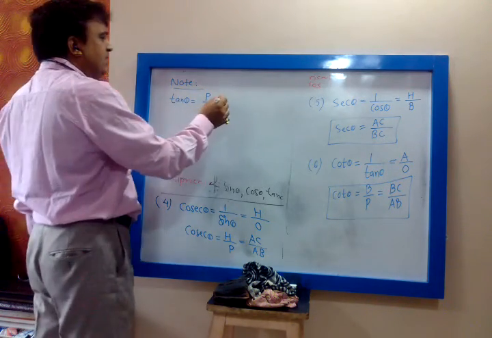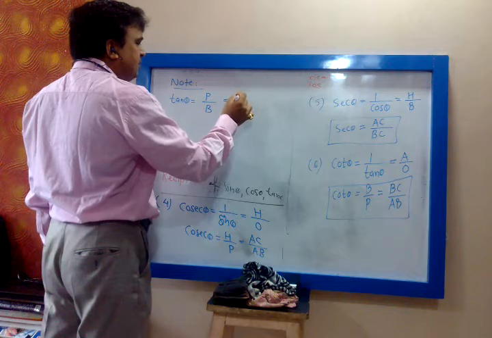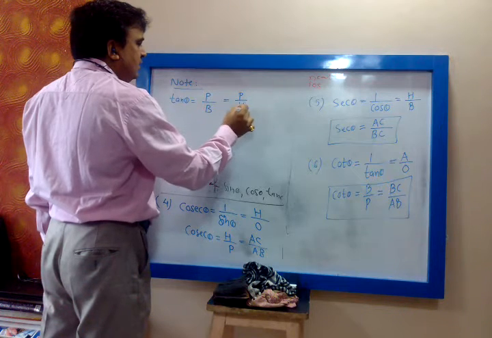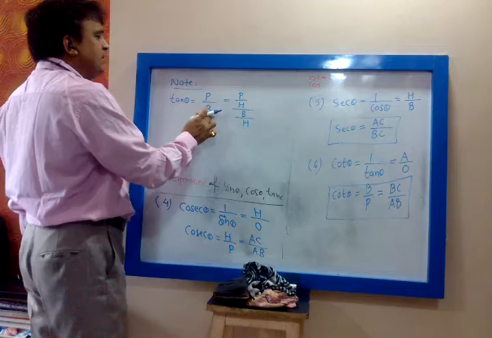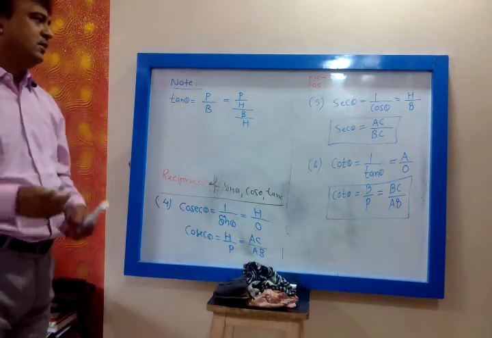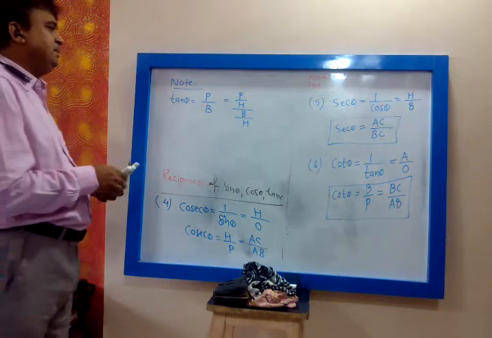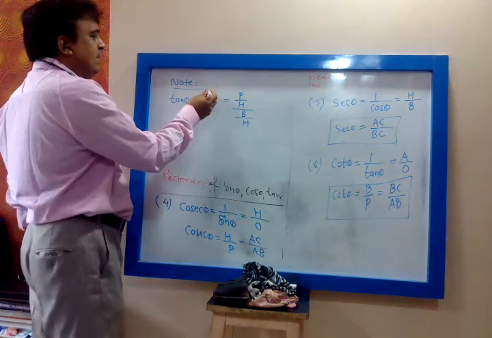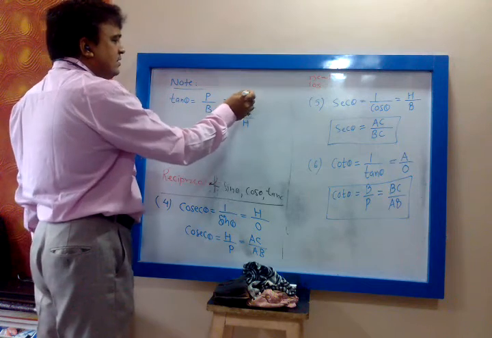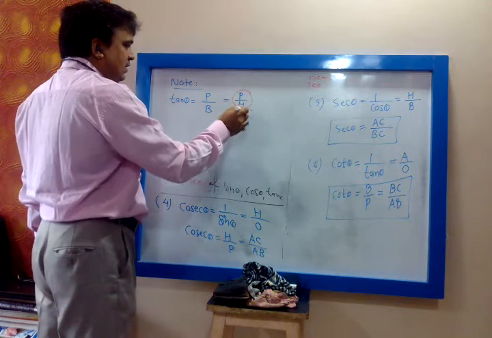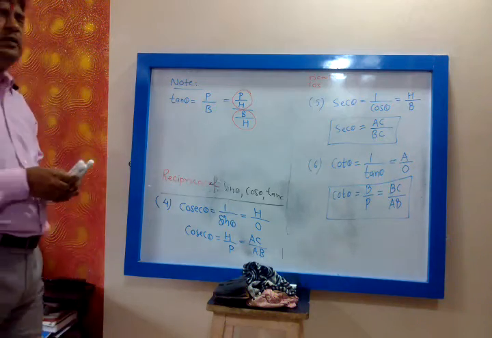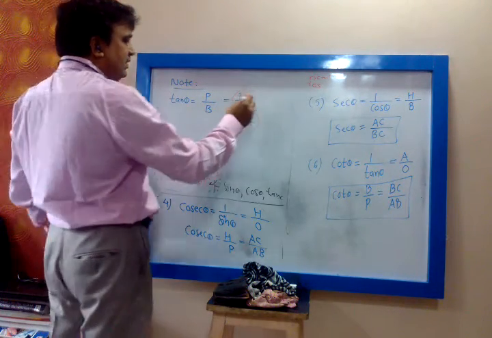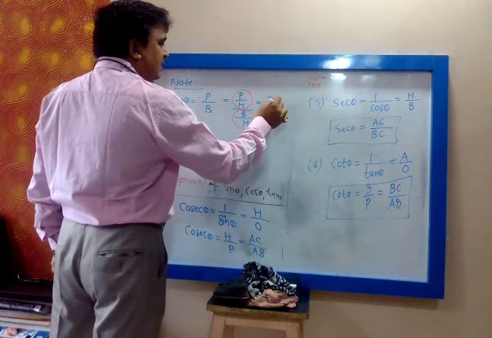Now we can divide numerator and denominator by hypotenuse. This I can write as perpendicular upon hypotenuse and base upon hypotenuse. What is perpendicular upon hypotenuse? This is sin theta.